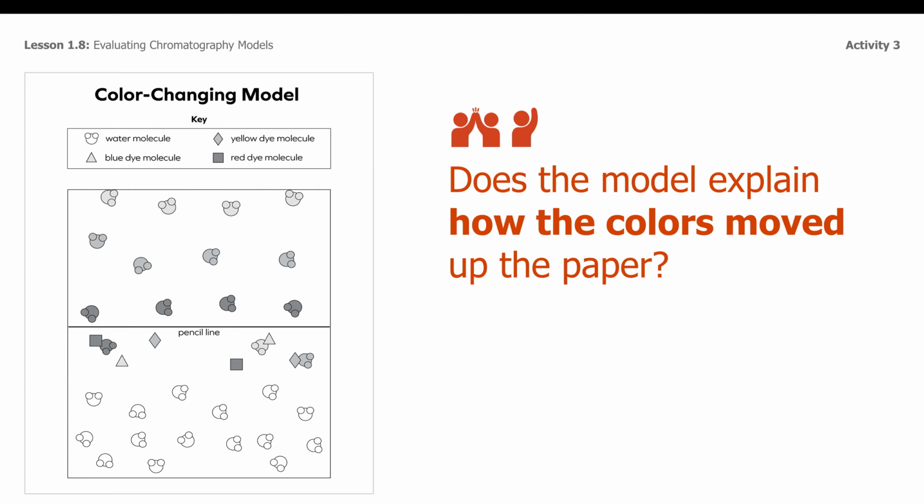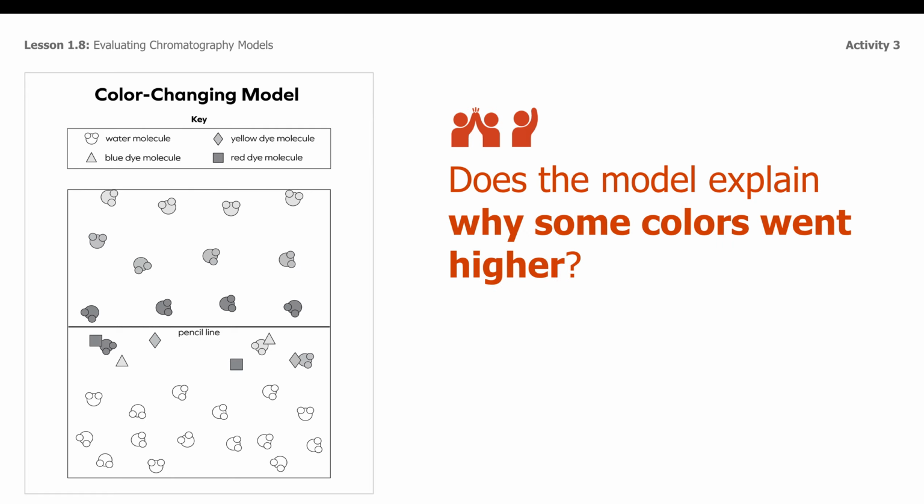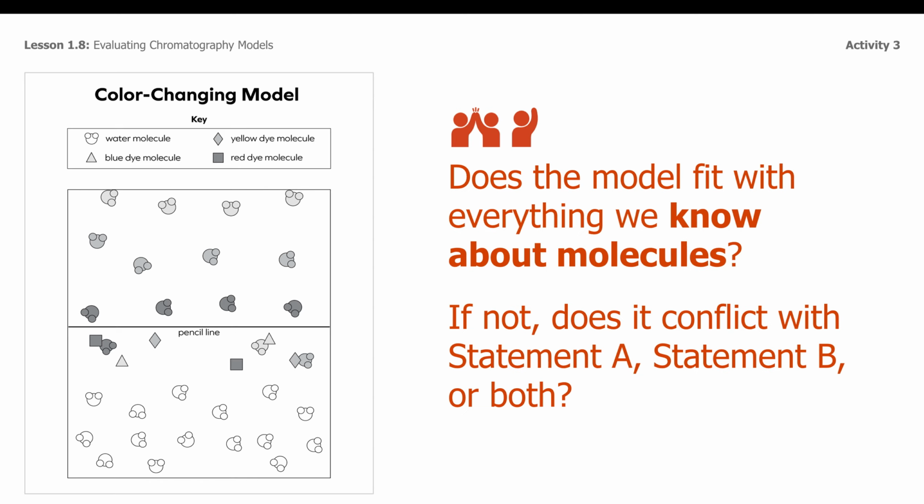Okay, second question is, does the model explain how the colors moved up the paper? Does the model explain why some colors went higher? And finally, does the model fit with everything we know about molecules? If not, does it conflict with statement A, statement B, or both?